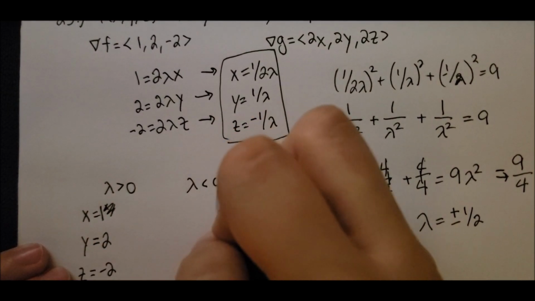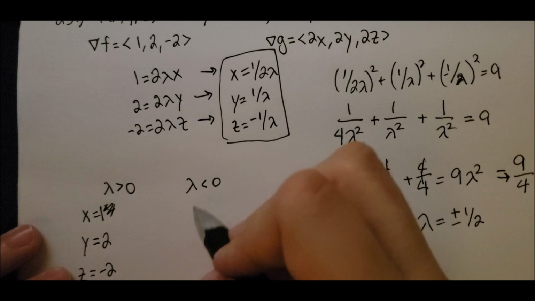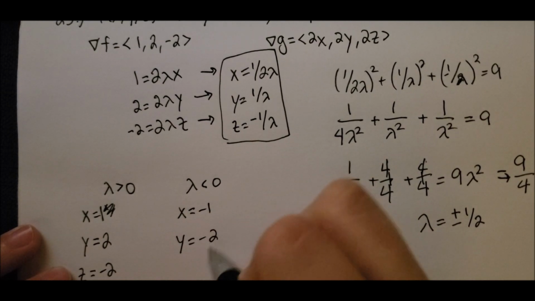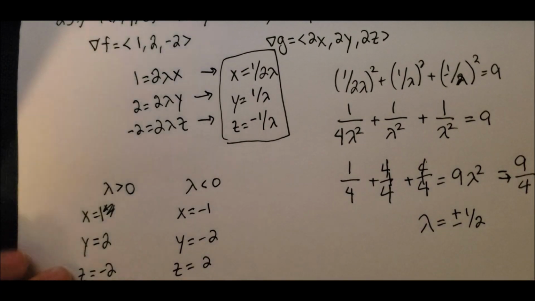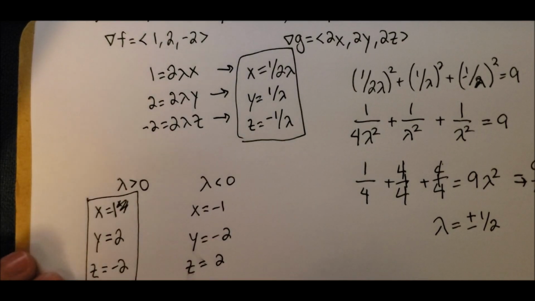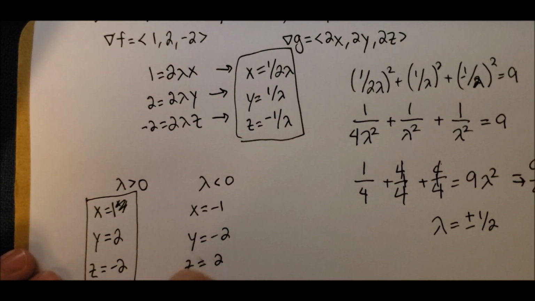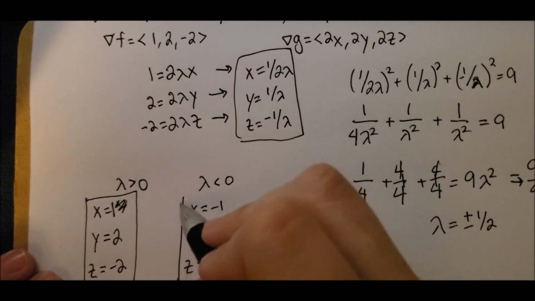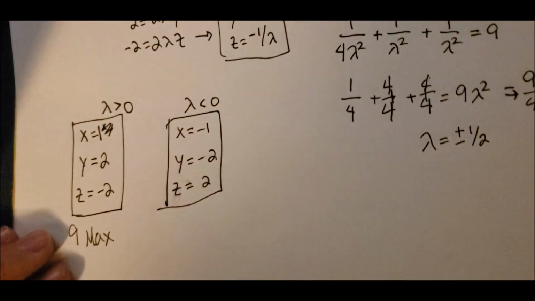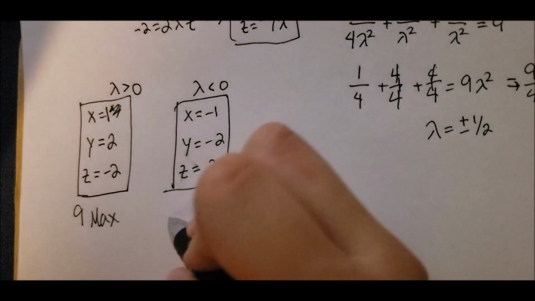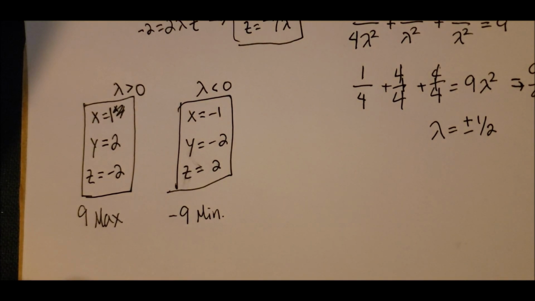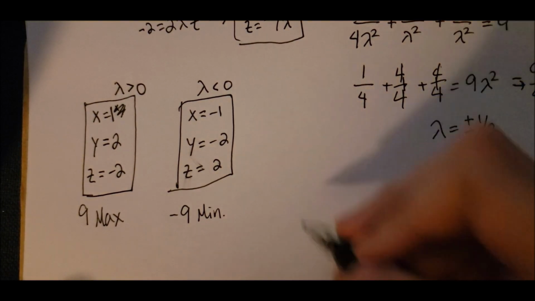And if lambda was negative, I'd have the exact opposite. So when I evaluate this, I get 9, which is a max. And if I evaluate this, I get negative 9, which is the minimum. Which is A.